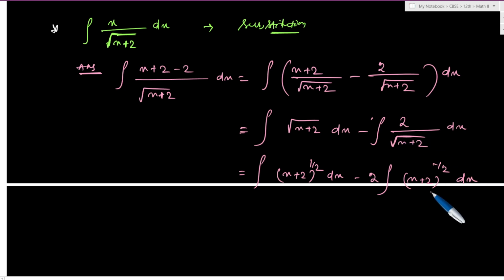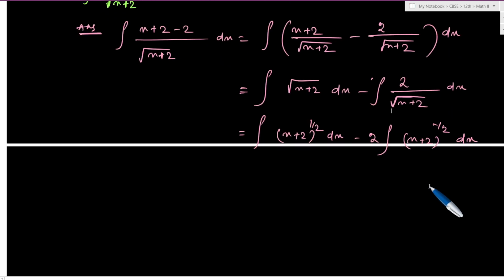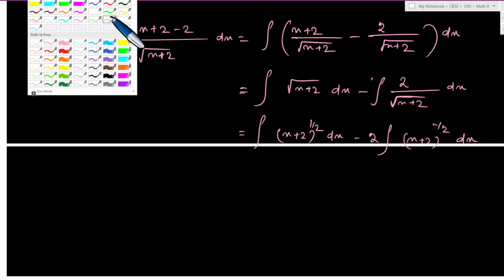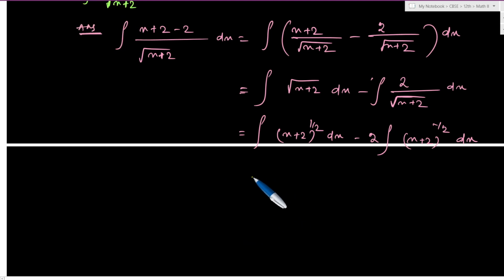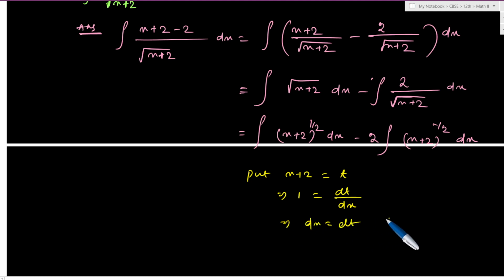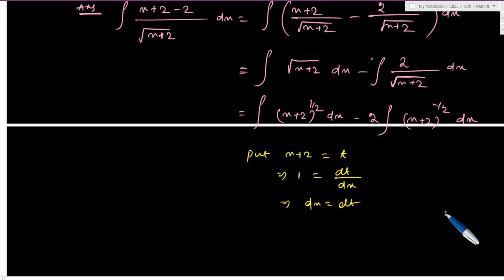This is some simple mathematics. Put x plus 2 is equal to t. Differentiate both sides with respect to x. So we'll get 1 equal to dt by dx. So dx is equal to dt. In both the cases do this. x plus 2 is equal to t.